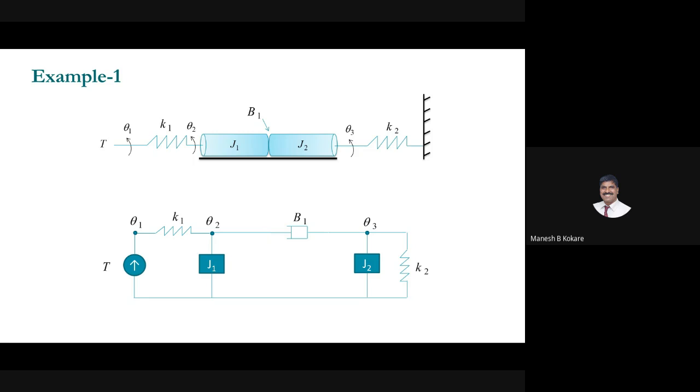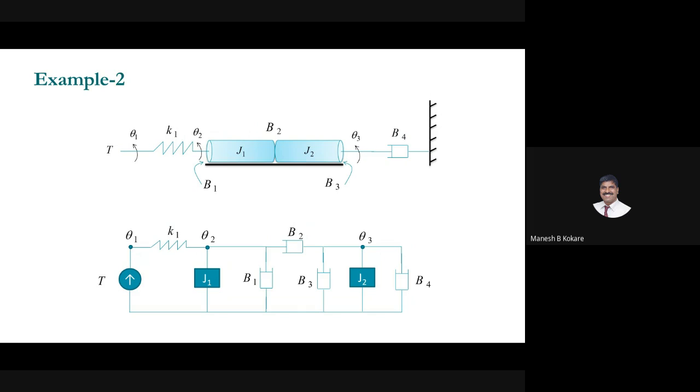Now you can apply the nodal equation here, that is, total incoming torque must be equal to total outgoing torque, as well as at theta2 and theta3, and then you can find, as usual, the transfer function and so on. Similarly, in this example, instead of a spring, we have taken another dashpot element.